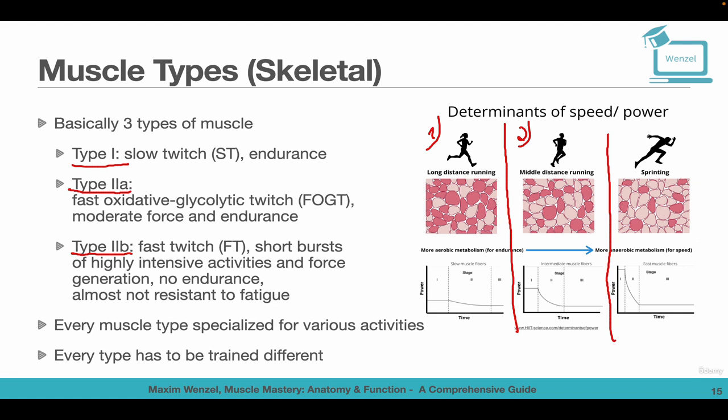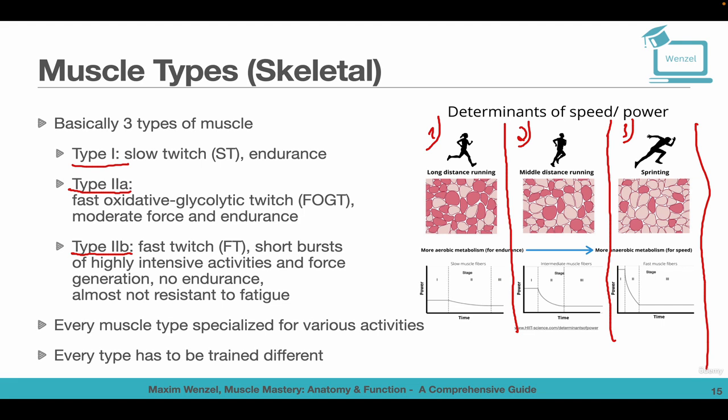And then you will have type 2B, which is a real fast twitch, in short FT muscle, which you will see here. This is the third. The third muscle is responsible for short bursts of highly intensive activities and force generation.